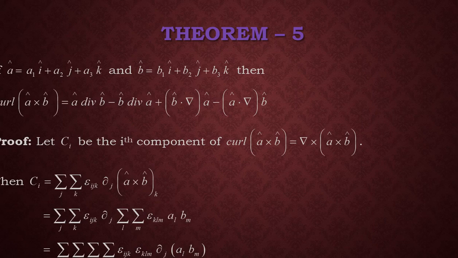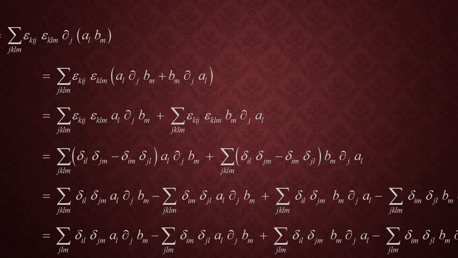We can also write only one sigma over all the four indices j, k, l, m to simplify the notation. We have sigma suffix jklm, epsilon suffix ijk, epsilon suffix klm, dou j of a_l b_m as previously.